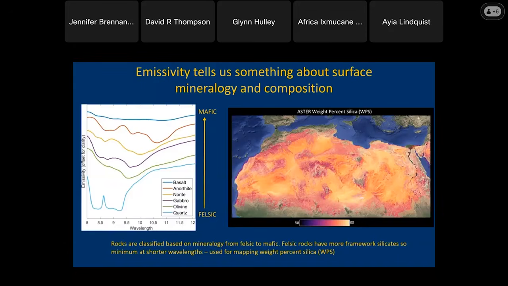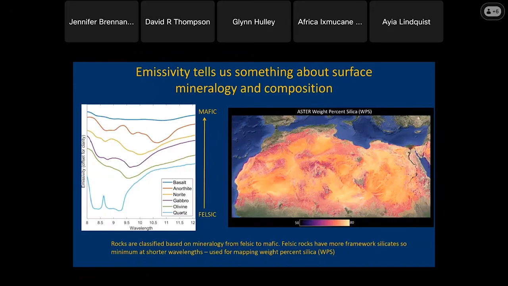And you can see that the minimum emissivity along the spectra of these different materials falls to higher and higher wavelengths as they move from more felsic, which is minerals with more silicate and framework silicate content, such as quartz, to more mafic types of minerals, which are more volcanic rocks. Think of basalts, darker rocks.